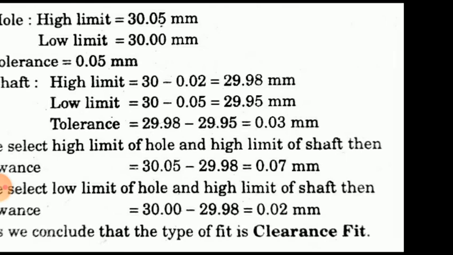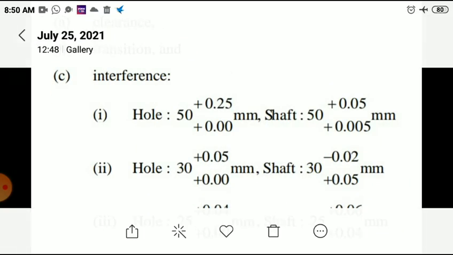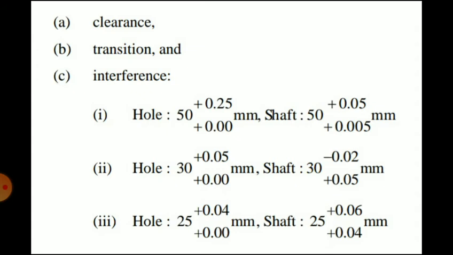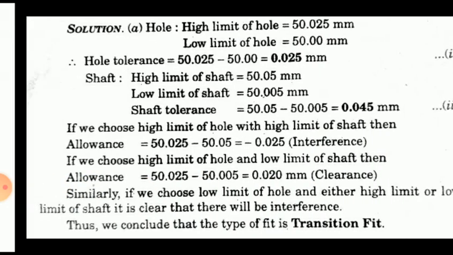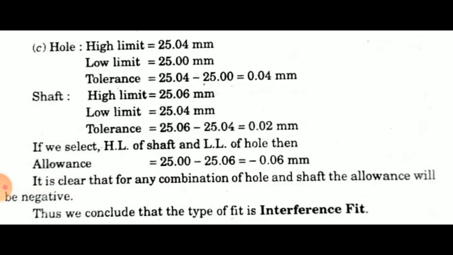Similarly, for the shaft, the upper limit is given as 0.06 and the lower limit is plus 0.04. So you can see here 25.06 mm and the lower limit is 25.04 mm, and the difference between them will be the tolerance, that is 0.02 mm.